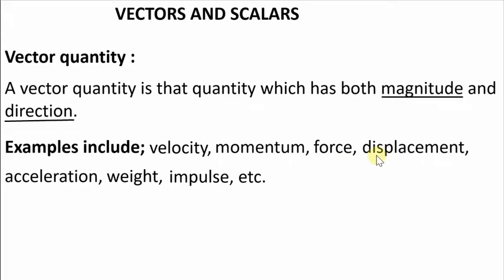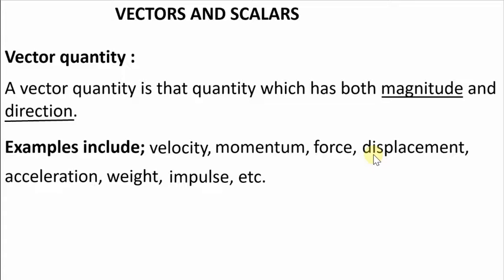Displacement is a change of position. If you were at one position, then you move to another position, you have been displaced. You have moved from one place to another. That displacement is also a vector quantity, because you can tell your friend that when I stood at this point, I had to move in the east direction, or west, or south, or north direction.